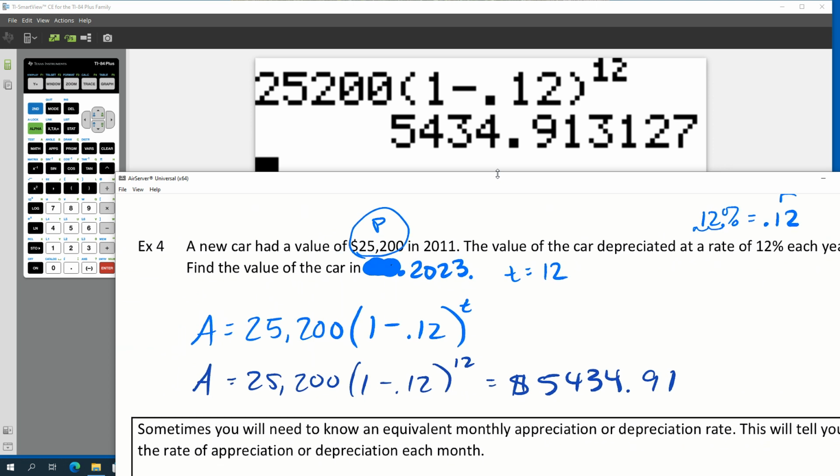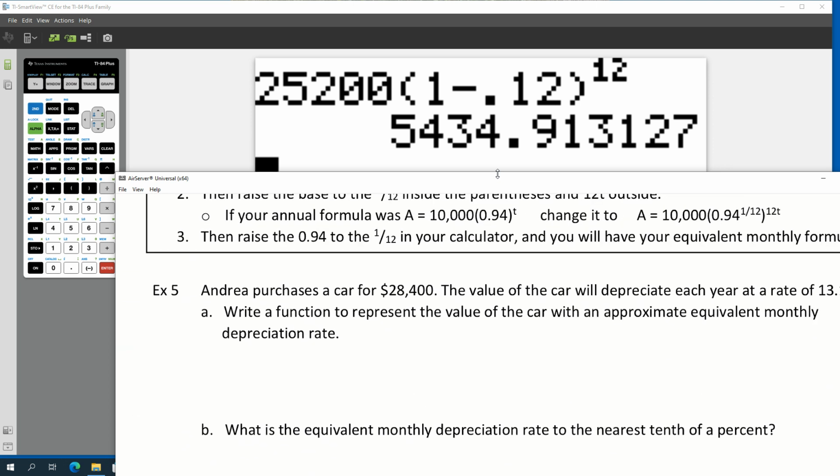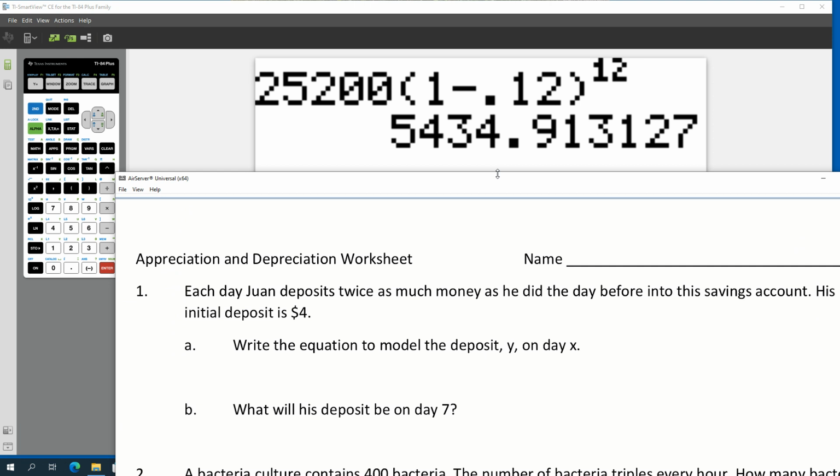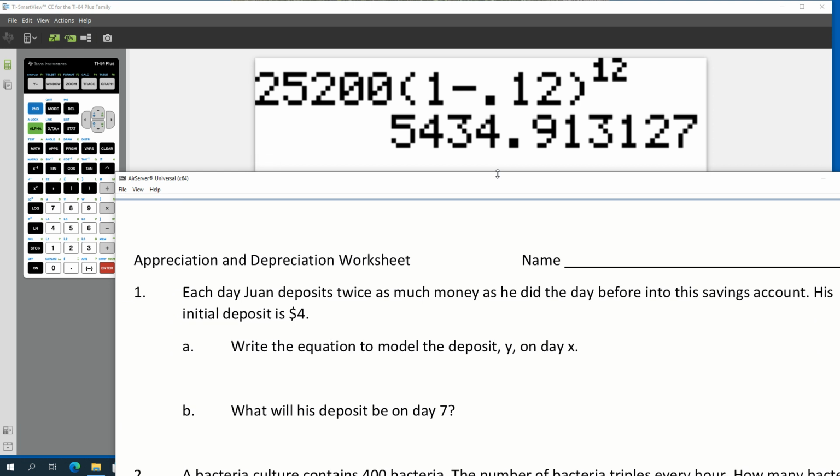Okay, so we're gonna skip example 5 and 6. I'm gonna give you your assignment, and then I'm gonna tell you which ones you can skip on your assignment also.